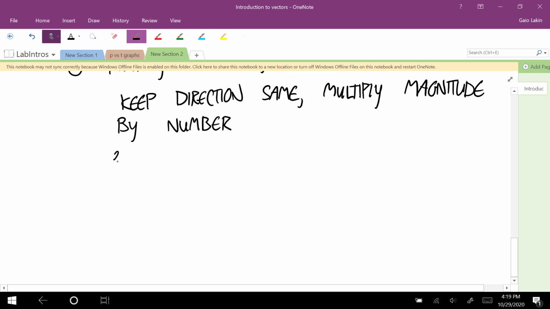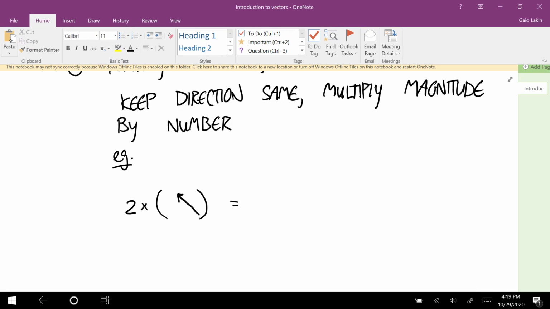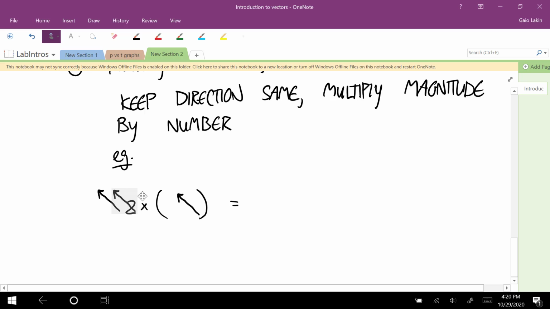Okay, so for example, if you're multiplying 2 times this vector like this, you keep the direction the same, but the length is 2 times as much.